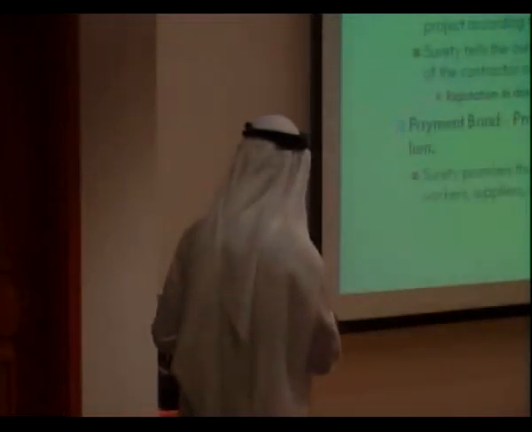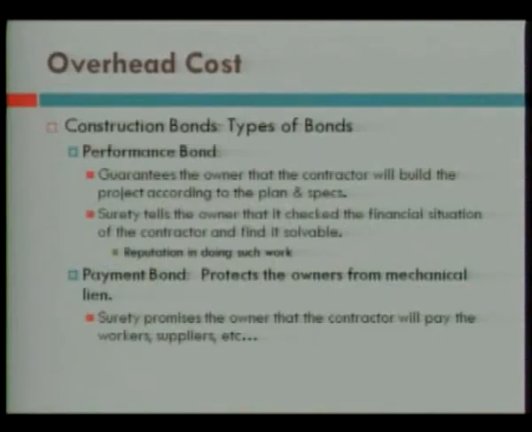And then there is another thing that is very interesting that does not exist over here. Maybe we can think about it, maybe in the contractors' committee: what they call a payment bond. Sometimes the contractor fails to pay his employees.